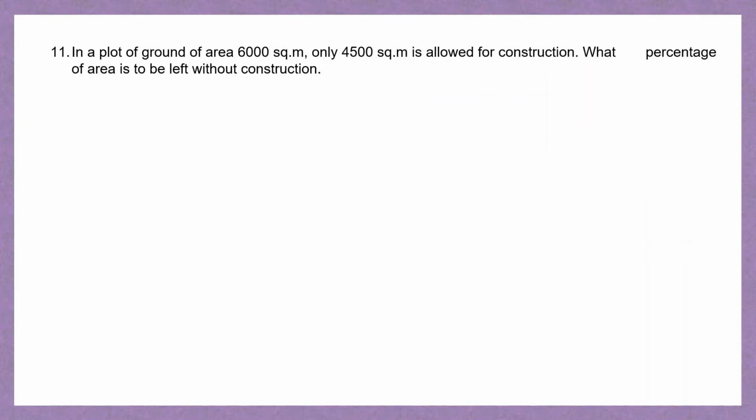In a plot of ground of area 6,000 square meters, only 4,500 square meters is allowed for construction. So the total area is so much, only this much is allowed for construction. What is the question? What percentage of area is to be left without construction? Okay, so let's start the statements.